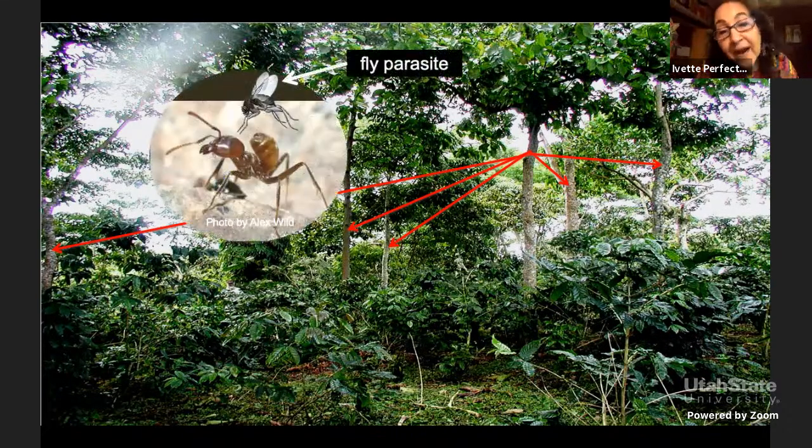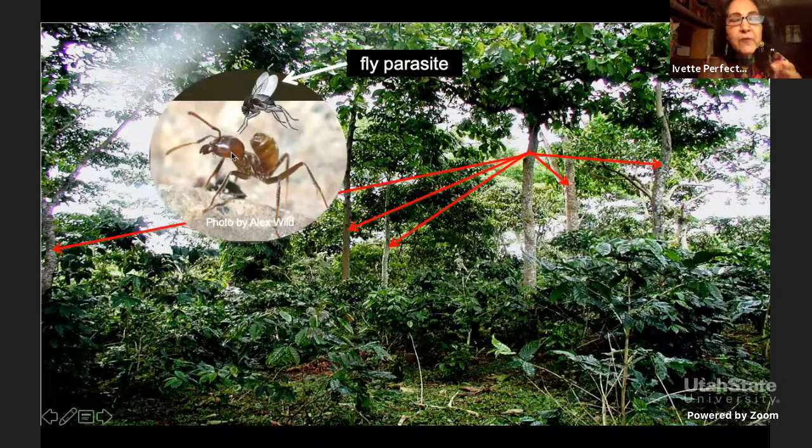And this is a parasitoid, a fly parasitoid in the family Phoridae, and the genus Pseudacteon. These are very common parasites of ants. And in this case, the fly oviposits in the base of the head of the ant, and then the larva gets into the head capsule and starts eating the inside of the head capsule of the ant, and then pupates.